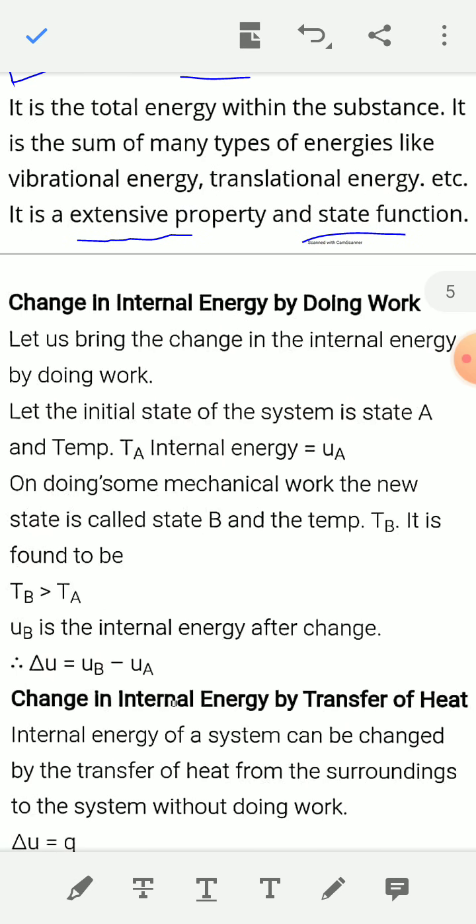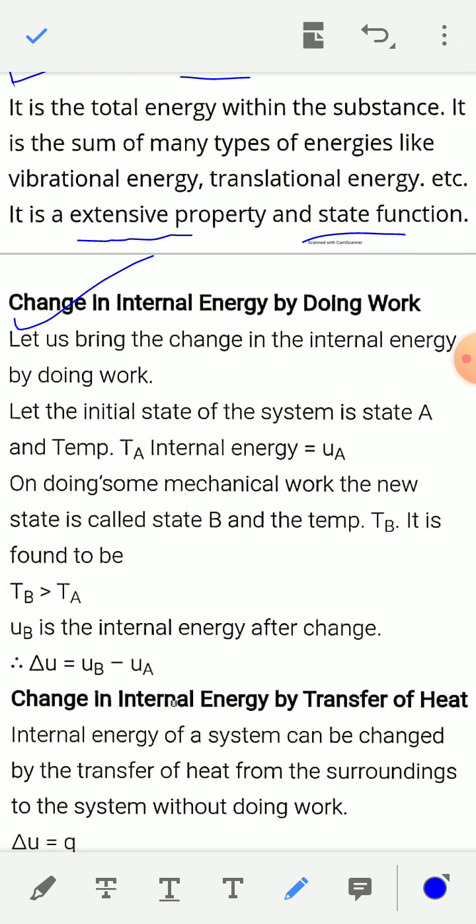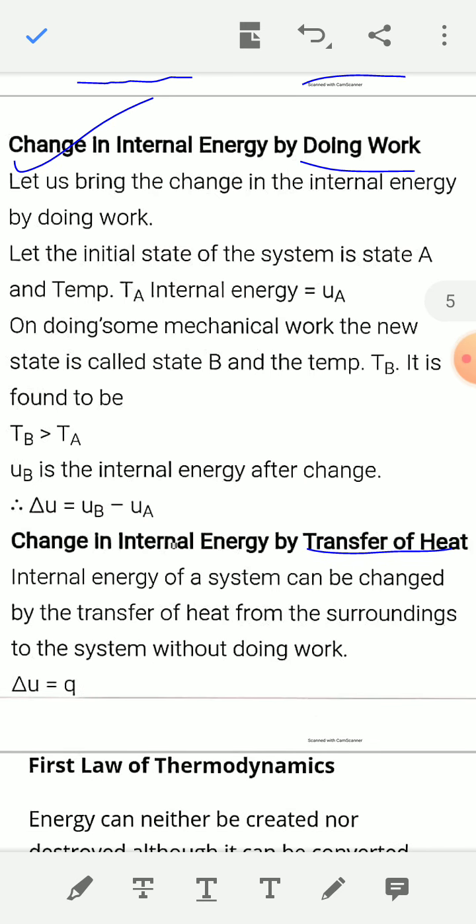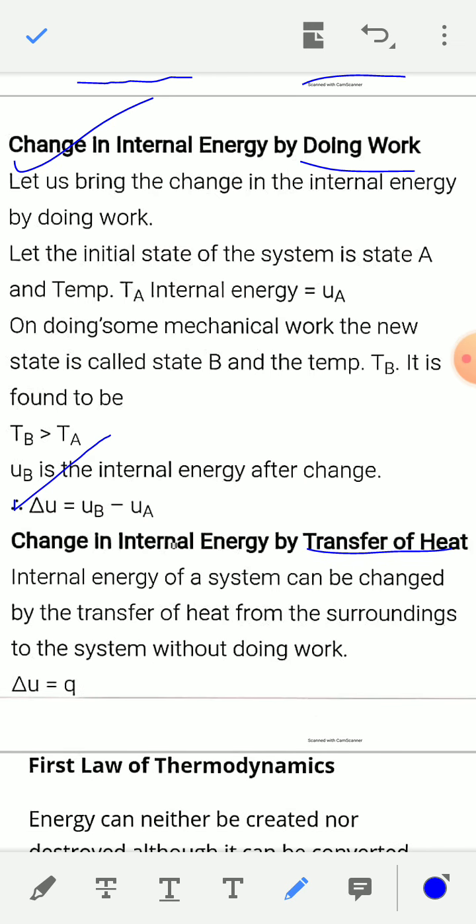Now, change in internal energy: you can change the value of internal energy by doing work or by transfer of heat. The change in internal energy is represented like this.